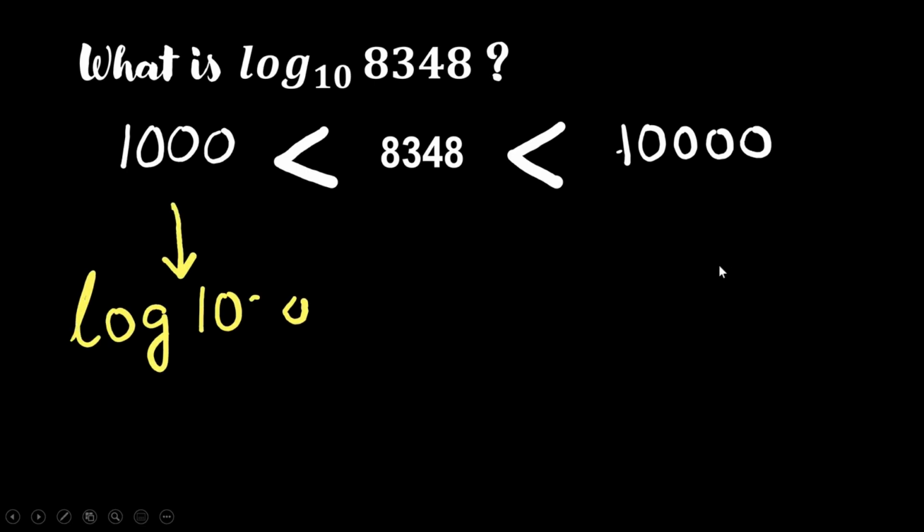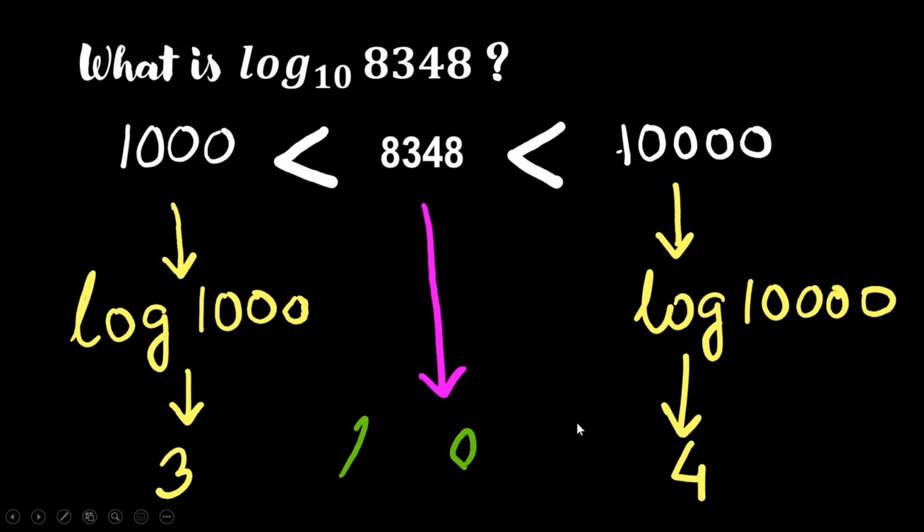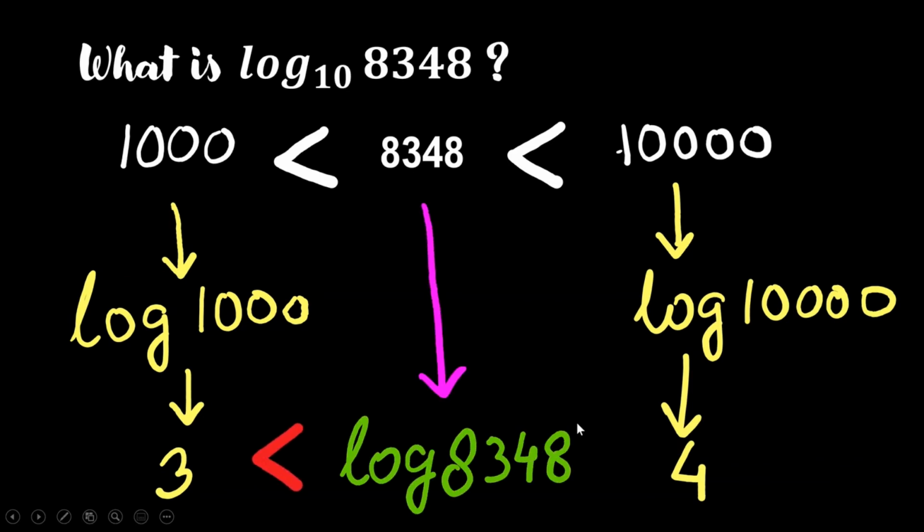Note that the logarithm value of 1000 is 3 and the logarithm value of 10,000 is 4, right? So similar to the previous example, maybe we are not able to predict the exact value, but we can predict that the logarithm of 8348 should lie between 3 and 4.